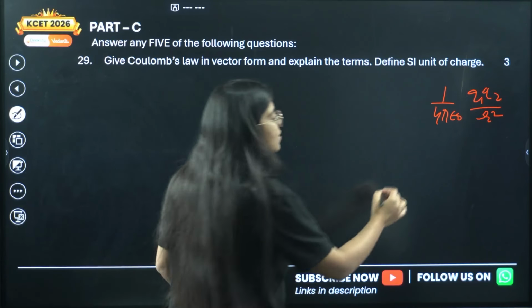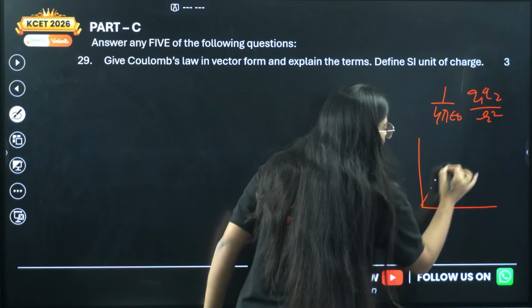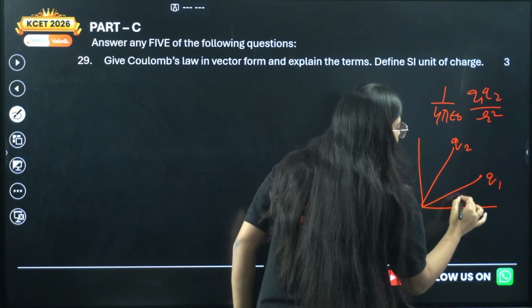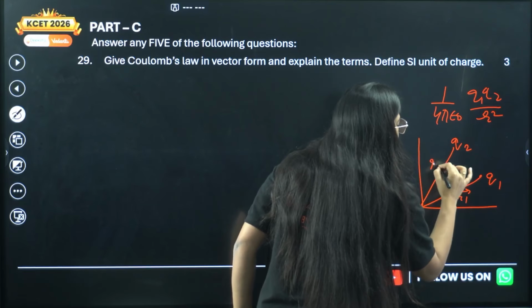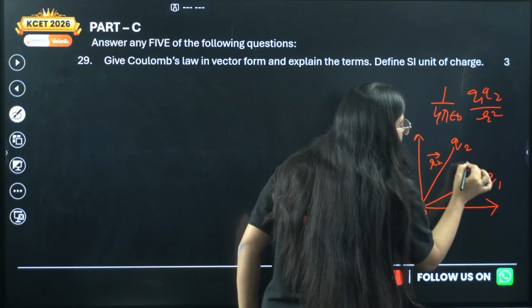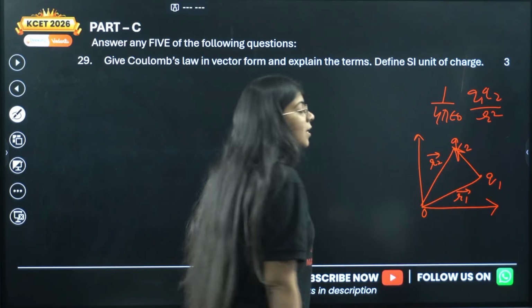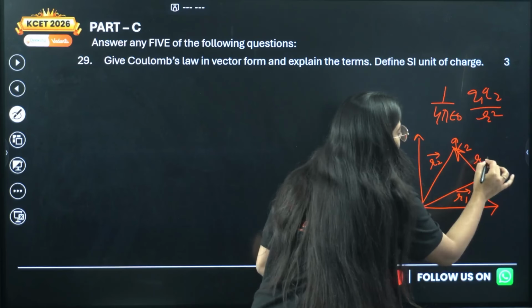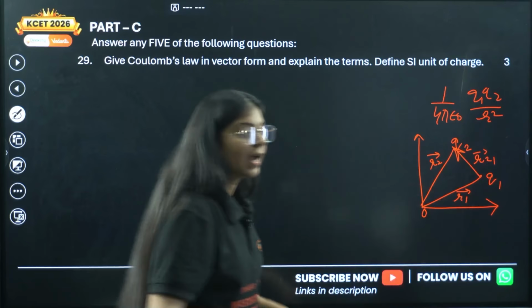So if these are my coordinates, this is my first charge, this is my second charge, Q1, Q2. This is R1, this is R2, this is the origin, and this is the vector, the distance between Q1 and Q2. We can name it R21, and this is a vector.